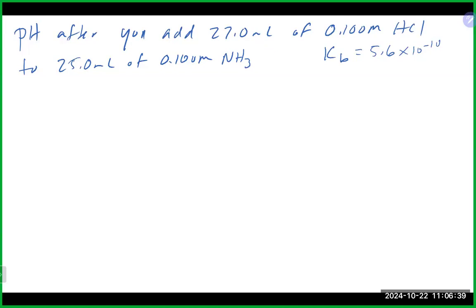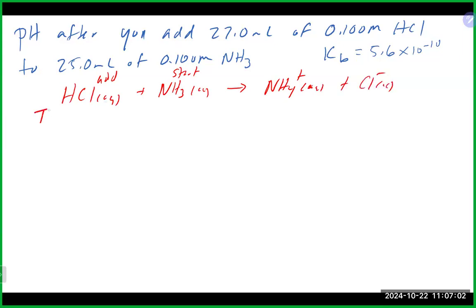Okay, so let's take a look since we're getting to the end here. Obviously, we're going to get our reaction here that's going to happen, our HCl, which we're adding, plus our ammonia here, which is what we're starting with, and our ammonium chloride, basically.